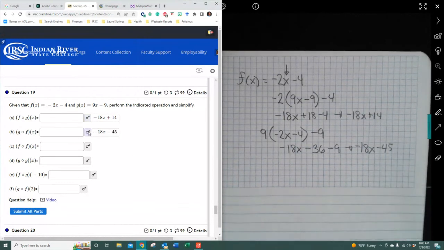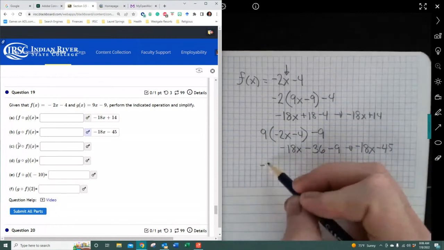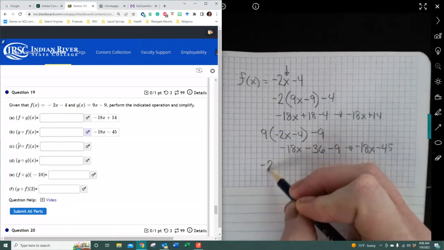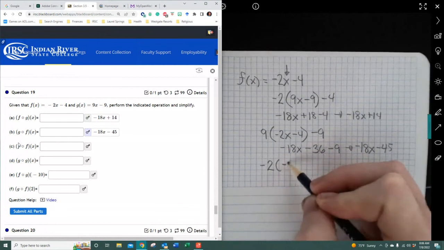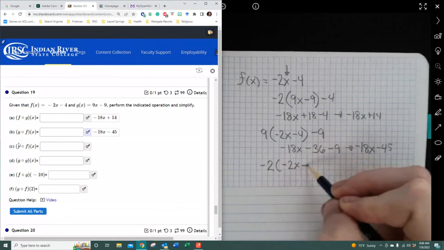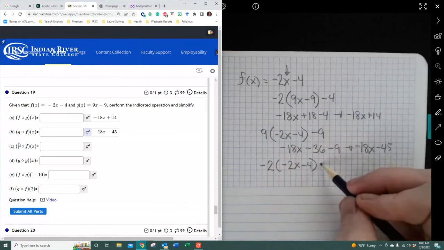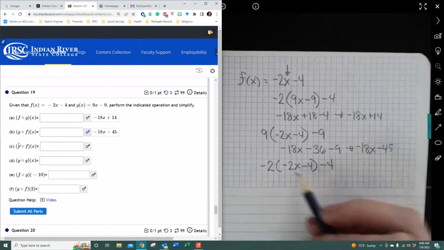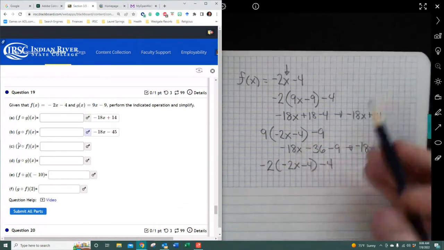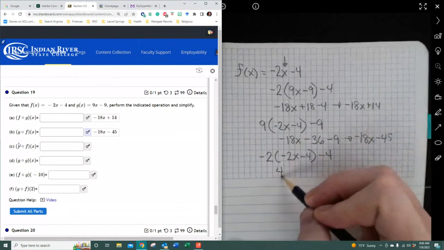Of course, they're showing here that you can take the function f and insert it into itself. It's like it's doubling itself, but it's not really. You're taking and inserting f of x into itself, so it's nothing different than what we've been doing. We do the distributive property.